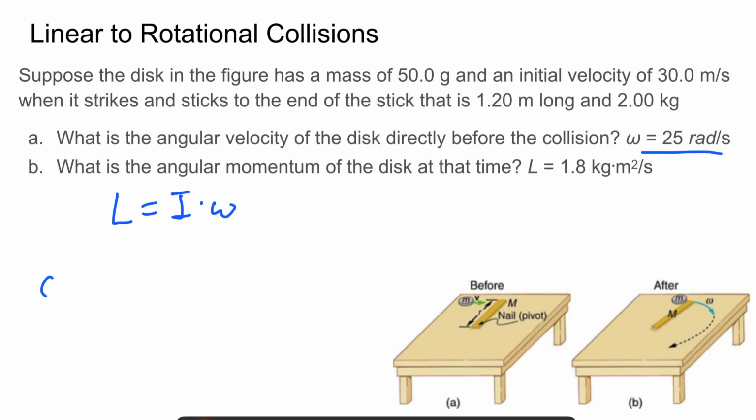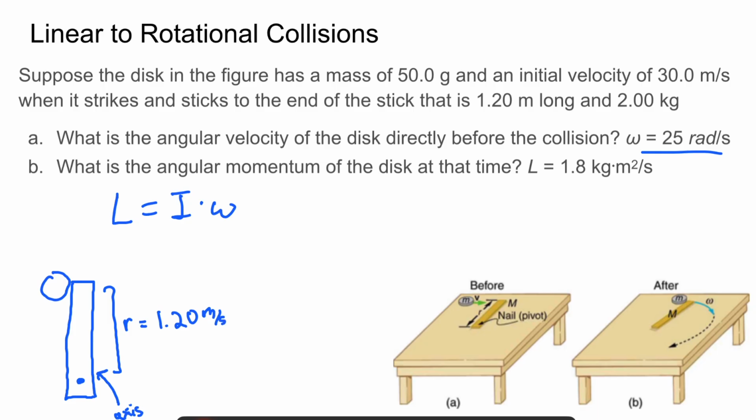So let's quickly think about what moment of inertia equation we'll be working with for our puck. Our axis of rotation is right here, and it is some distance away from the center of mass of the puck. For the stick itself, it is rotating around that axis, and some portion of it is right next to the axis while some portion is further away, so we care about its distribution of mass around the axis.